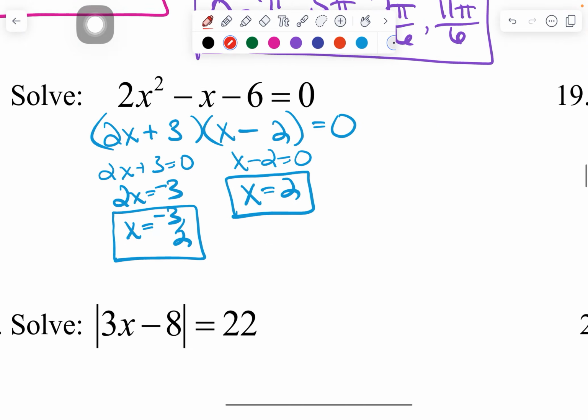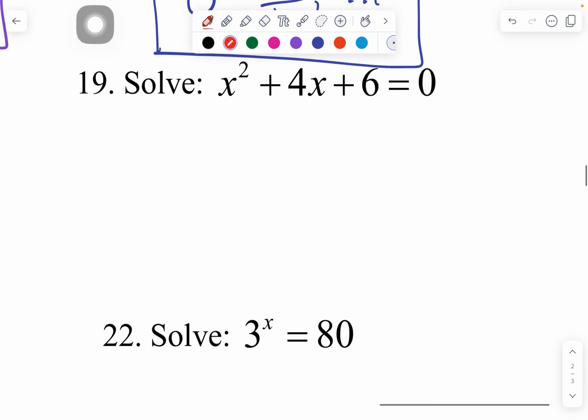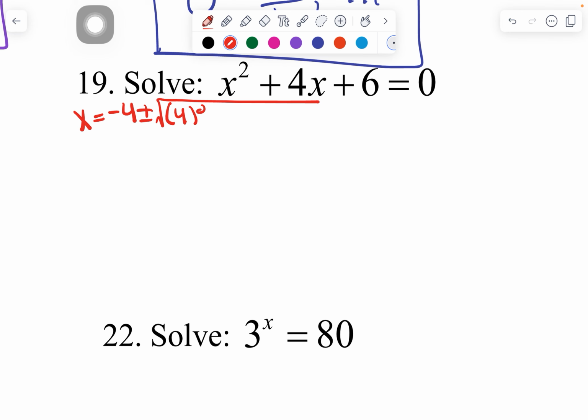Okay, rolling right along. Let's talk about number 19. I cannot factor this one. That's unfortunate. So that means I have to use the quadratic formula. It's been a little while, so let's start it out. x is equal to the opposite of b plus or minus the square root of b squared minus 4 times a times c, all over 2 times a.